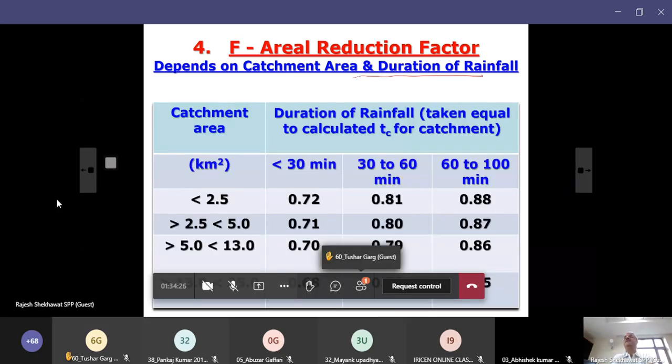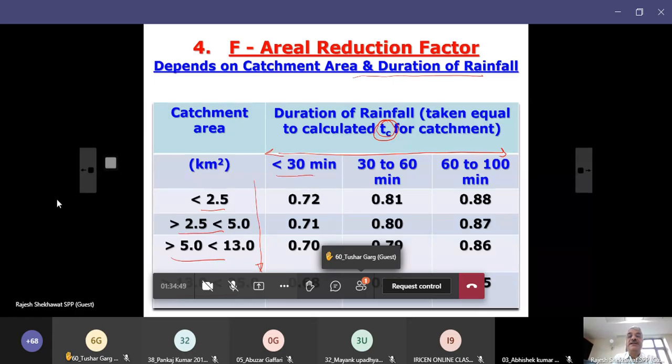For that, this RBF 16 has given a table. In this table, this side is catchment area less than 2.5, 2.5 to 5, 5 to 13 and 13 to 25. Because your small catchment area is only up to 25 square kilometer. This side it has taken duration of rainfall, which it takes equal to TC. TC what is there we'll see.